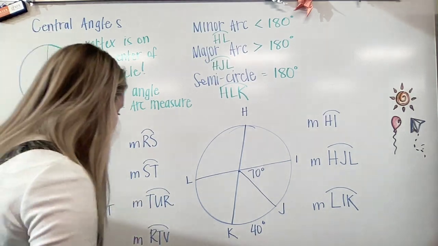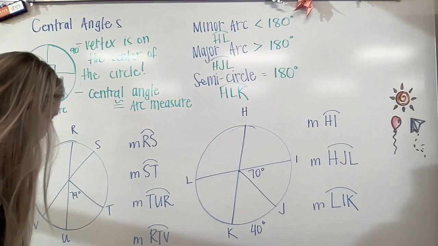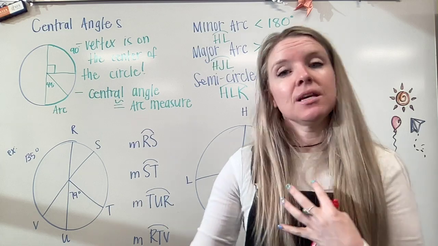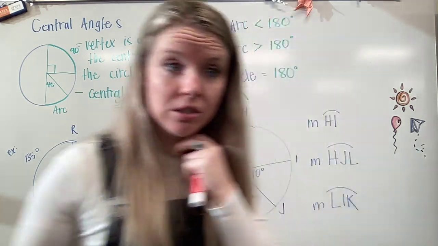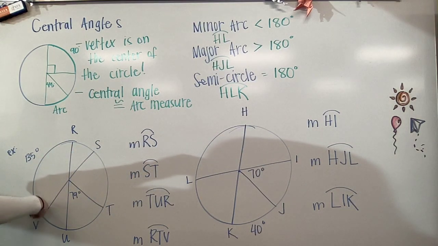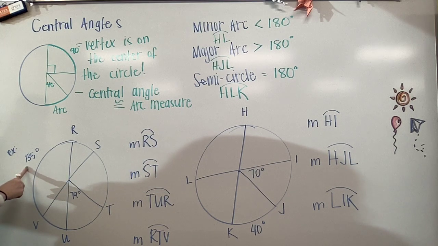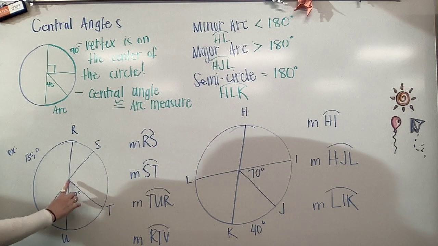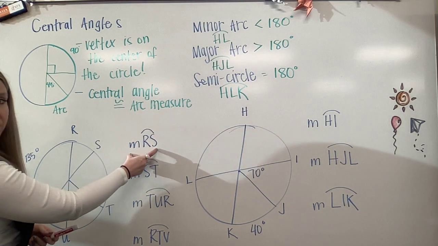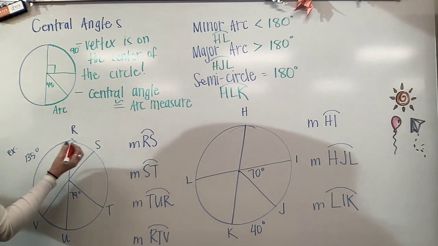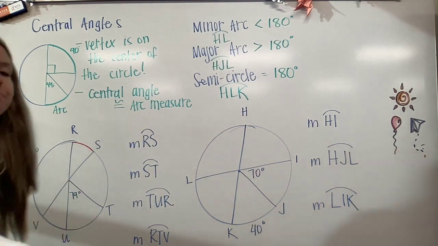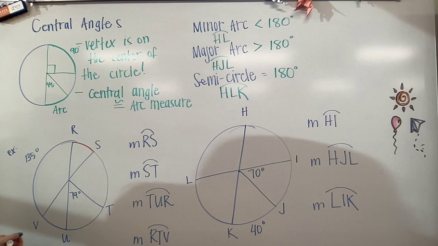Okay, so now that we know our arc measures, how we label them, and how we're looking for them, I've got these two examples to help us relate our central angles to our arcs. Here in this first one, the arc VR is 135 degrees, and I have my central angle here that is 79 degrees. I want to know the measure of arc RS. So we've got to figure out what we know.